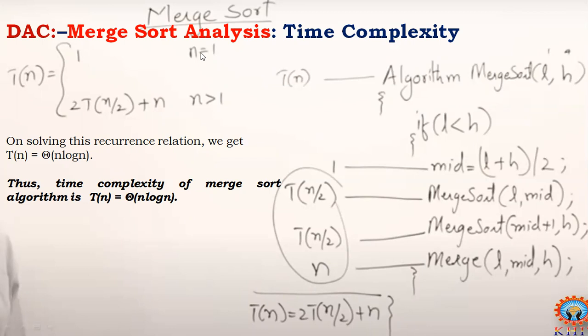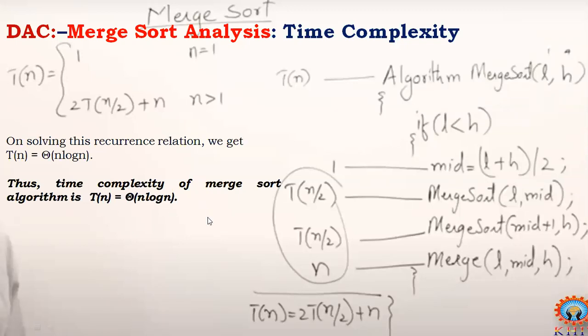When the array contains only one element, the time complexity is simply 1. So this is the recurrence relation. When we solve the recurrence relation recursively, we get the time complexity of merge sort as order of n log n, theta of n log n. So the time complexity of merge sort is theta of n log n.